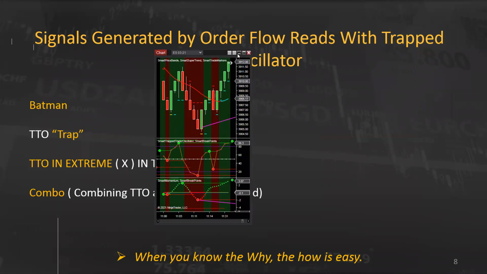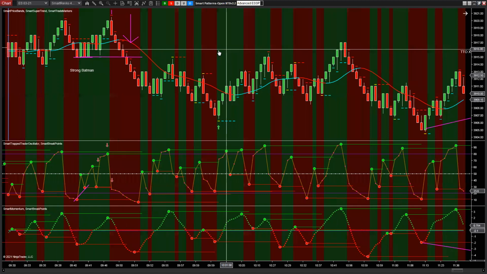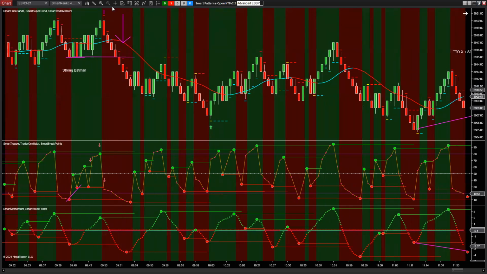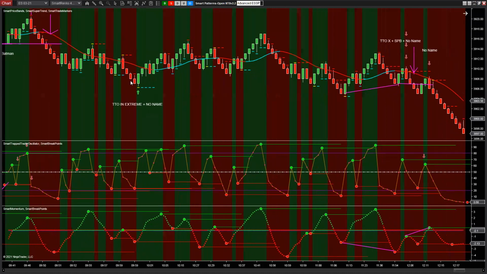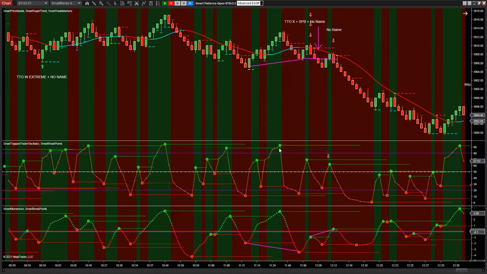I'm going to pull up a chart for a second, and I've got some things marked on this. This is today's chart. Here's a strong Batman we talked about. Here's a signal we're going to talk about in a second. TTO in extreme is just anytime you see Trap Trader Oscillator over the purple line, you think, is that a good place to sell it? Yep.